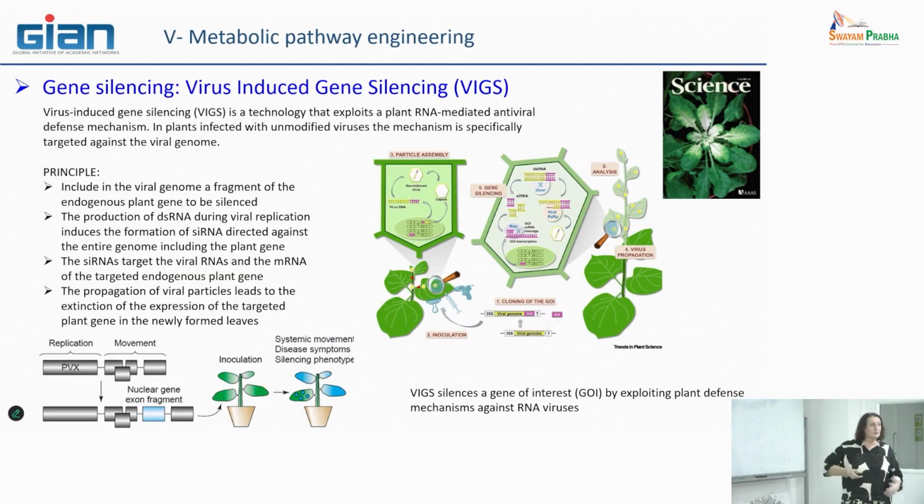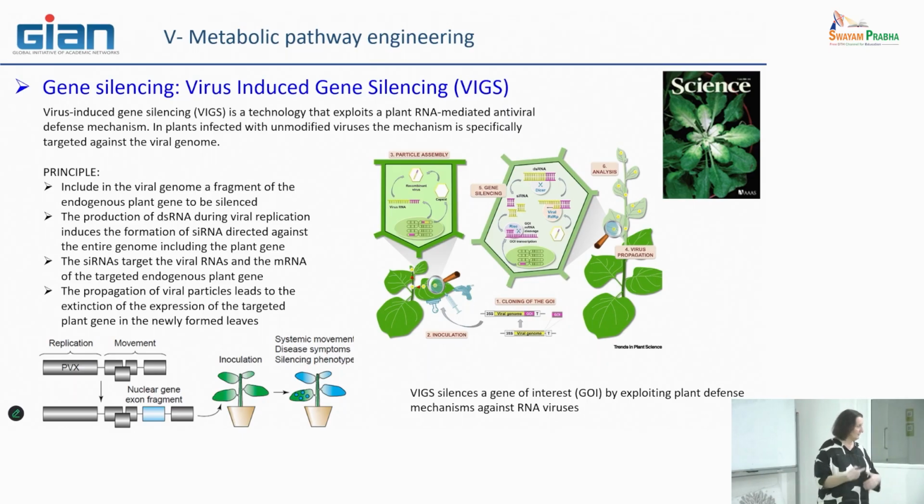So the idea is also to copy a system that exists in the plant cell. We have not invented different things. We have just observed nature. We have just understood how nature is able to function. And after, we try to develop some specific tools, okay, to reproduce what nature is able to stimulate in the plant.